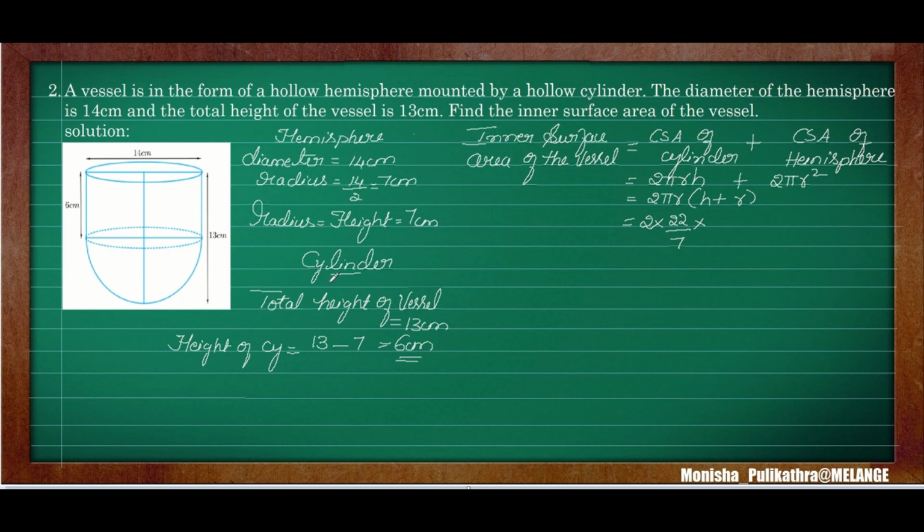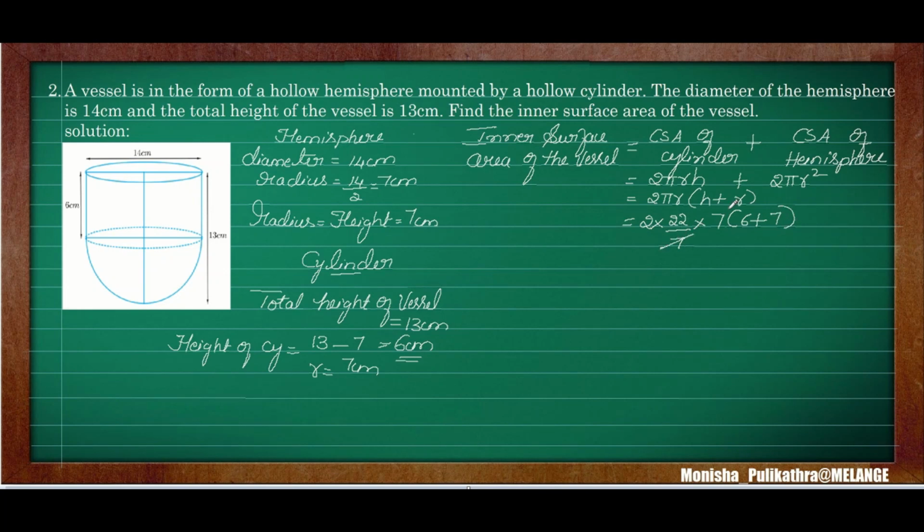So radius of both cylinder and hemisphere are equal to 7 centimeter, into h plus r. H is height of the cylinder, so height of the cylinder is equal to 6 centimeter, plus radius. So radius of the hemisphere or radius of the cylinder is equal to 7 centimeter.